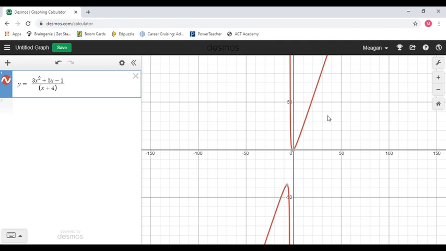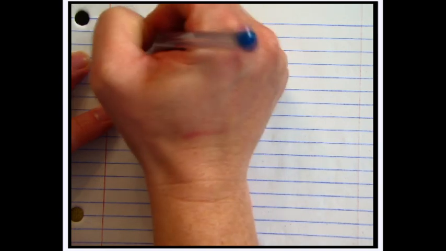But I would like you to try these 4 problems for tomorrow. And let's go ahead and look at those. So really what I want you to do is find the horizontal asymptote and the vertical asymptote, if there are any, okay, and just have them ready to look at tomorrow.